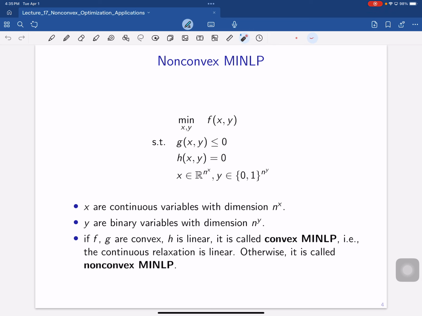Right? So by convention, we say it is a convex MINLP. Otherwise, it is called a non-convex mixed integer nonlinear program.